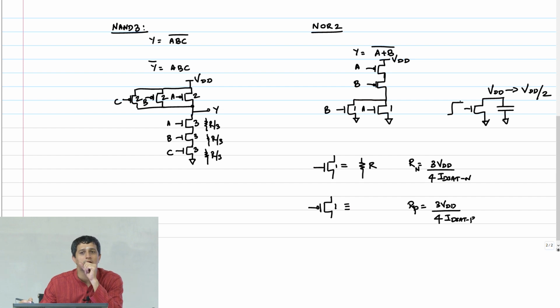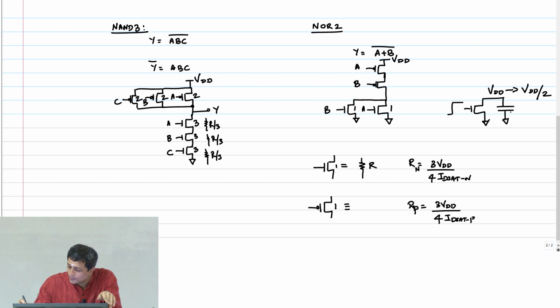What is the equivalent for the PMOS transistor? It is discharged initially and it has to charge to VDD by 2, right? So an identical scenario will occur there because the VDS of the PMOS will start from VDD and go exactly down to VDD by 2, right? So you can evaluate that.